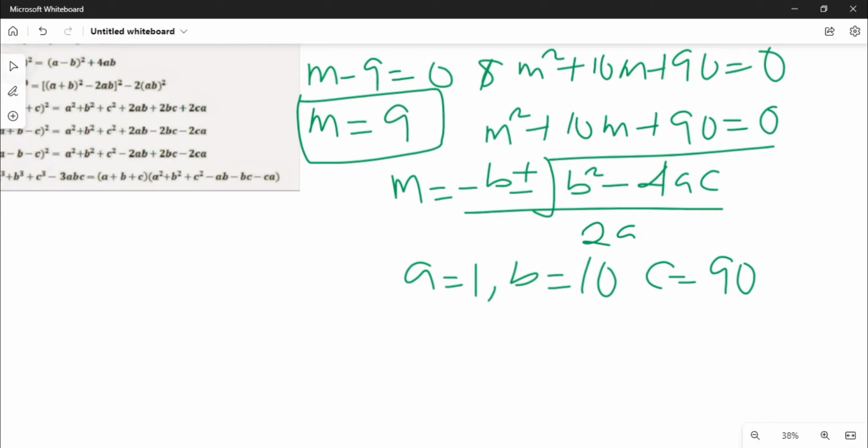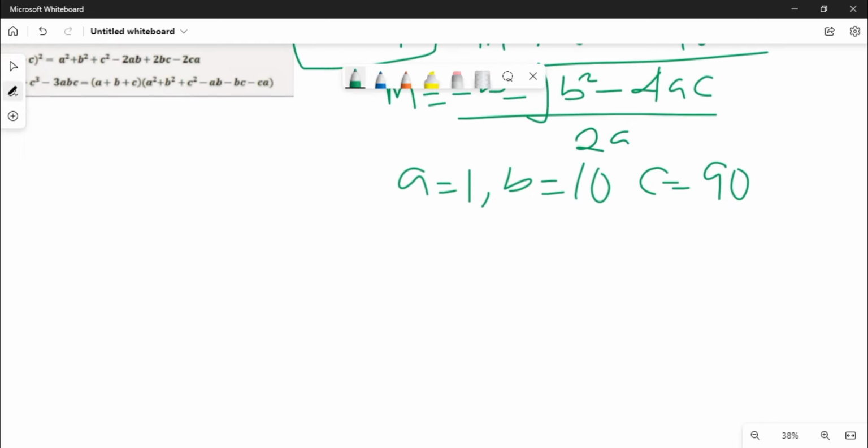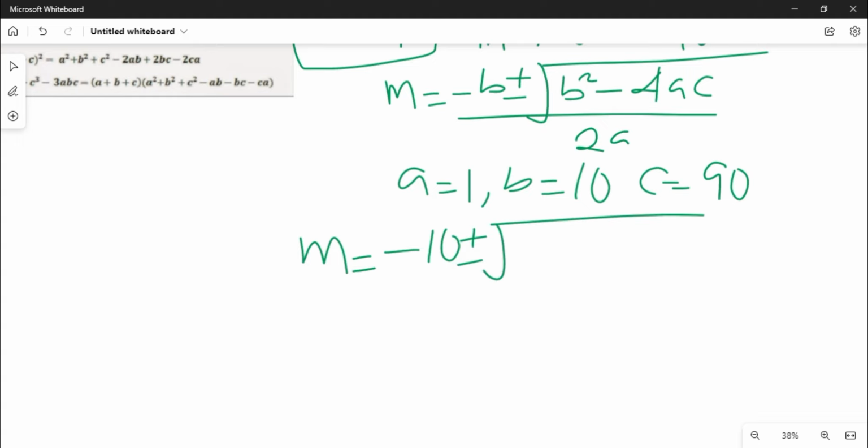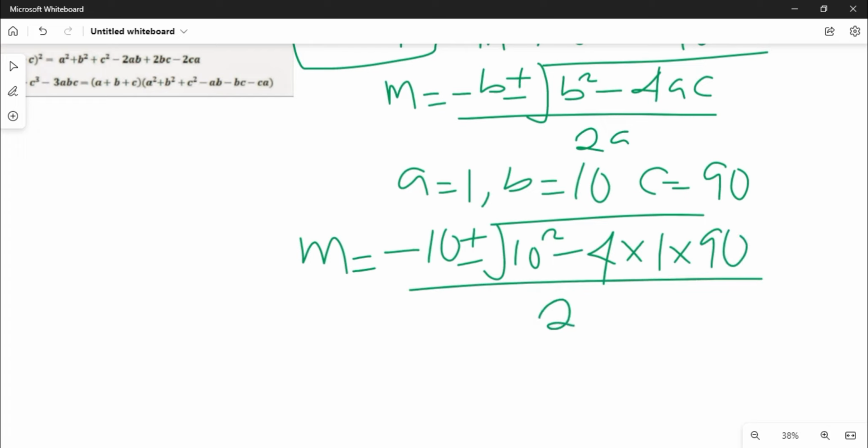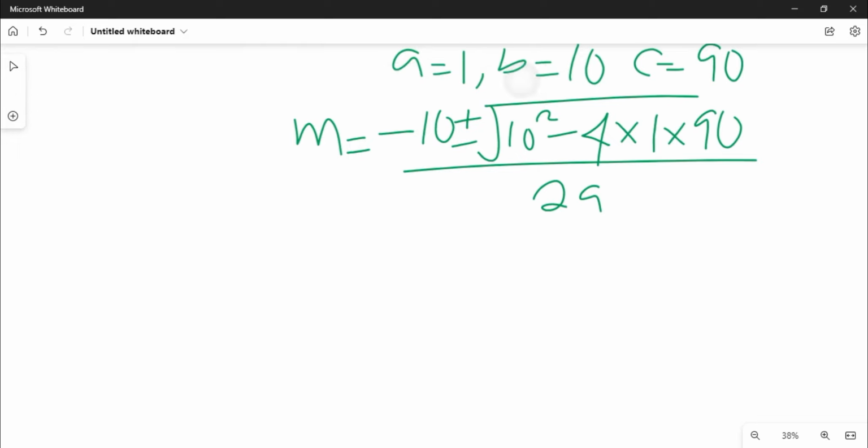Now let's apply these values into the quadratic formula. We'll have our m equal to minus 10 plus or minus the square root of 10 squared minus 4 times 1 times 90, all over 2a.